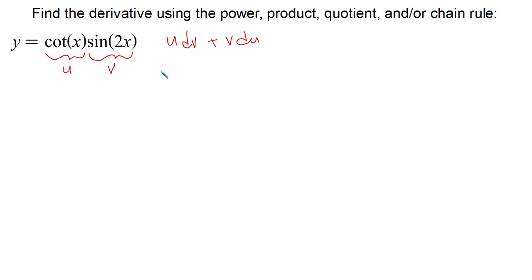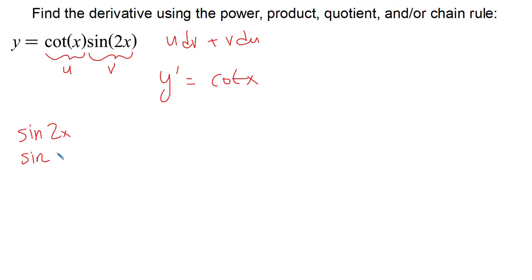U is cotangent x, so we'll have y prime is cotangent x times the derivative of sine of 2x. Well, if I have sine of 2x, that's like a chain rule problem. That's the sine of, since we've already used u, we'll use a different variable here to think about it.